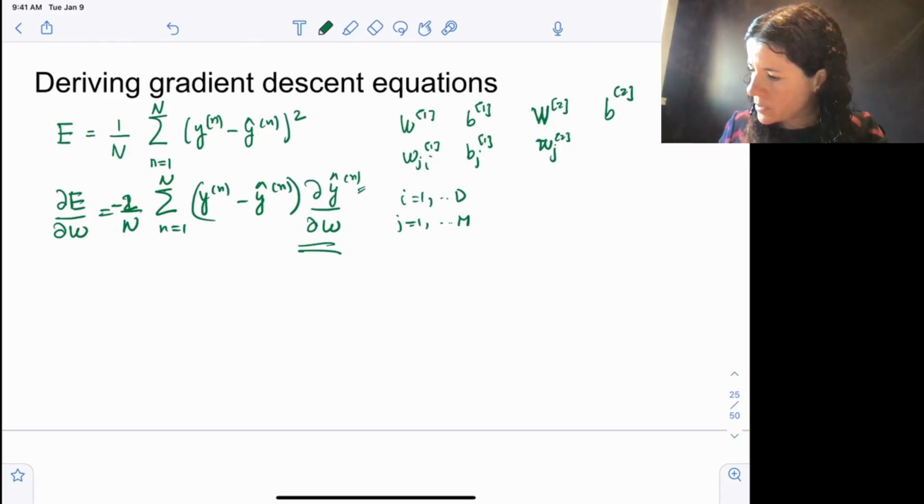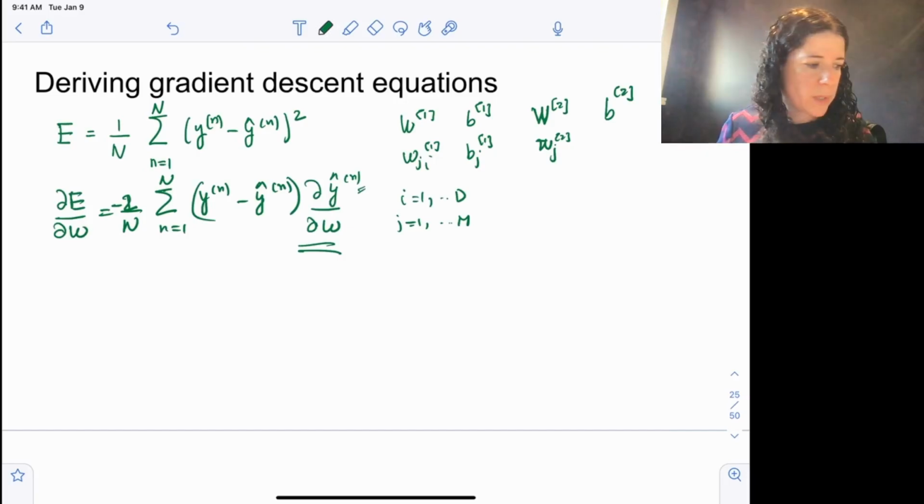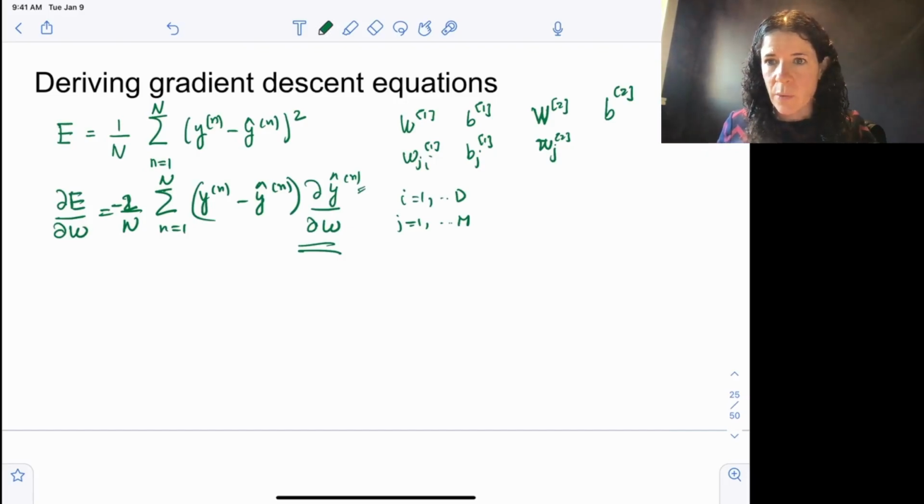So the first thing we have to think about is the equations we have. We're going to have to take the matrix form that we have so far and write it in a more friendly way so that we can take the derivative in an easier way, okay?